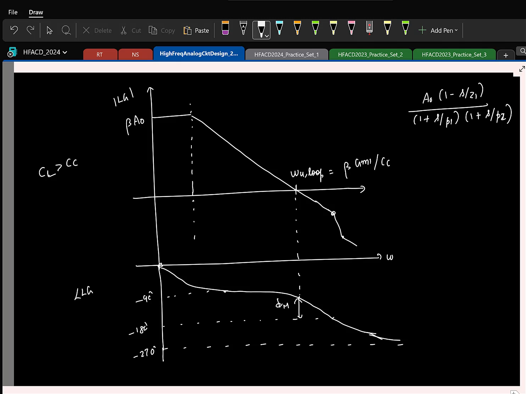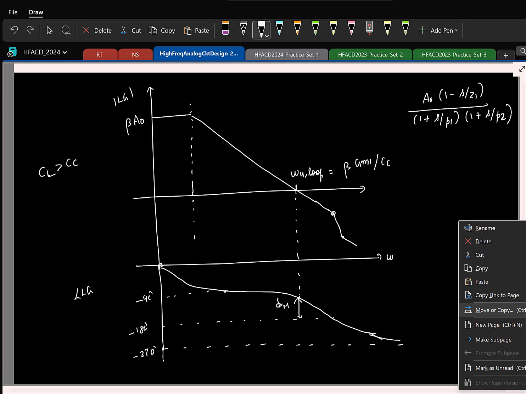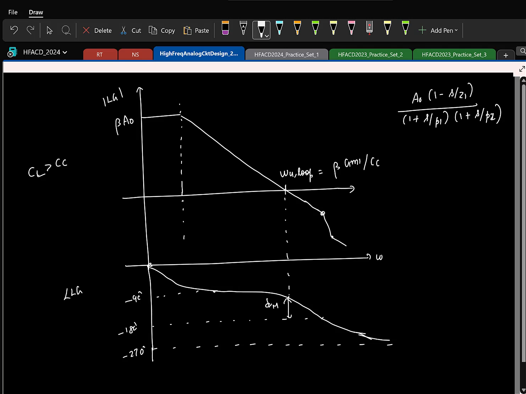So one thing we should be careful about is, let me just copy this. In this case, let us assume that the second pole and the 0 occur earlier than omega U loop. So let us say the second pole occurs here, and let us say the 0 occurs here, right? So even now, what will be the slope around the unity loop gain frequency? But is the system stable? Yeah, I mean, remember what you have to look for stability is not this.